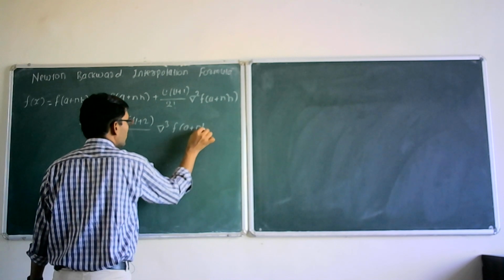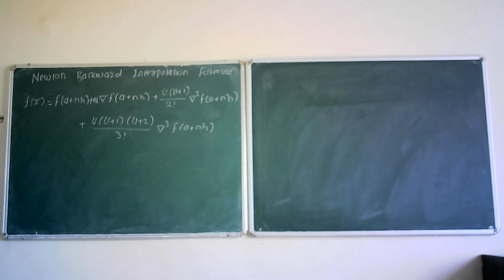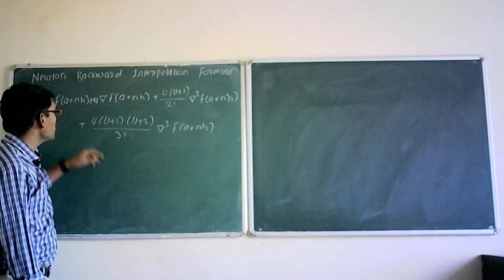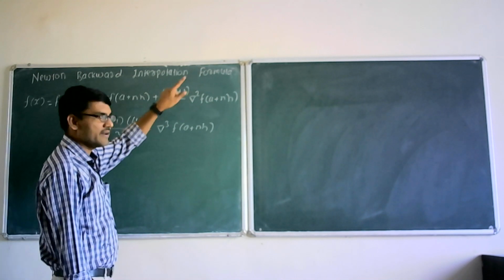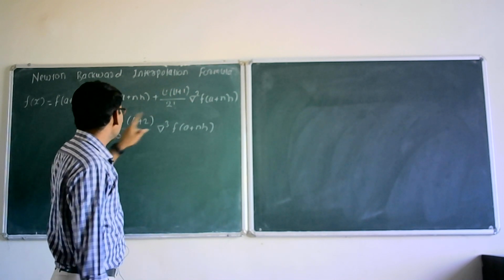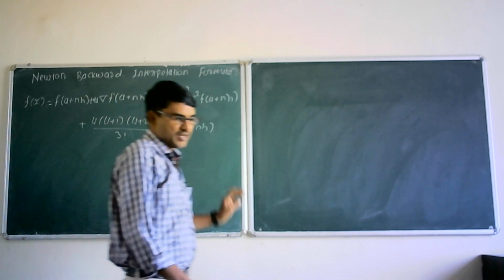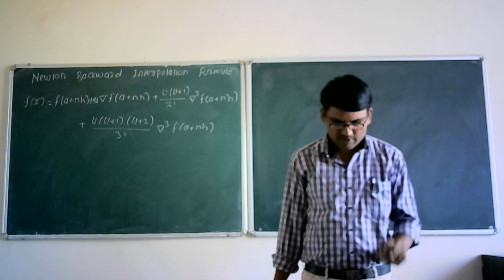If you observe the difference between the forward and backward interpolation formulas, here it is u minus 1 in forward, but here it is u plus 1, u plus 2, so plus in the backward interpolation formula.